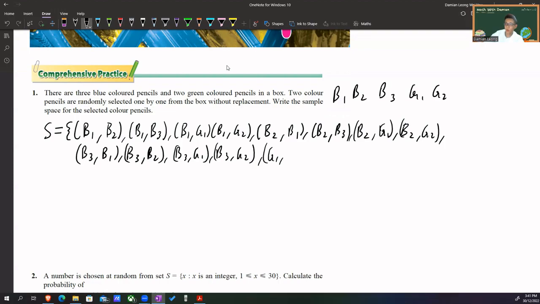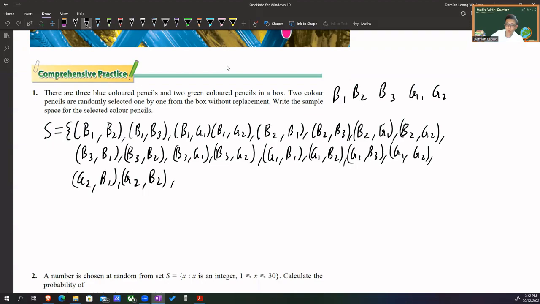and start from green, green 1, blue 1, green 1, blue 2, green 1, blue 3, green 1, green 2, then start from green 2, green 2, blue 1, green 2, blue 2, green 2, blue 3, green 2, green 1.